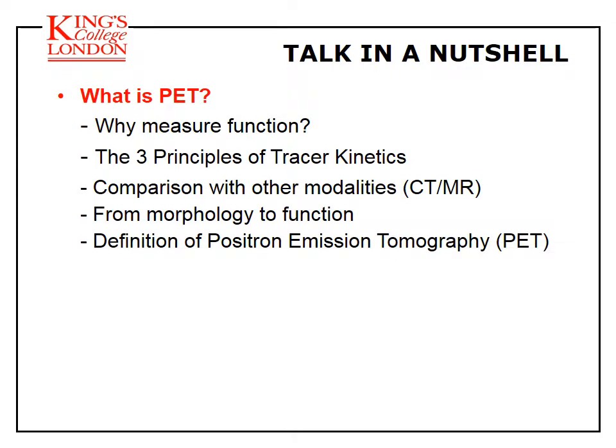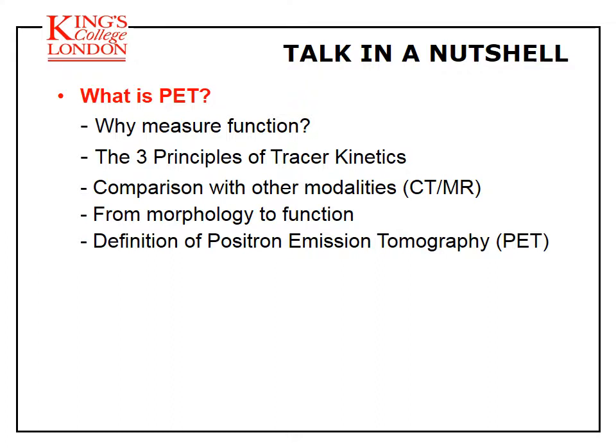So, why do we need PET? In order to answer this question, we first need to clarify why we need functional measurements at all. Second, understand how one can measure a physiological parameter irrespective of the measurement modality, and how this can be achieved using tracers. Third, we need to define the principles for tracer kinetic experiments.